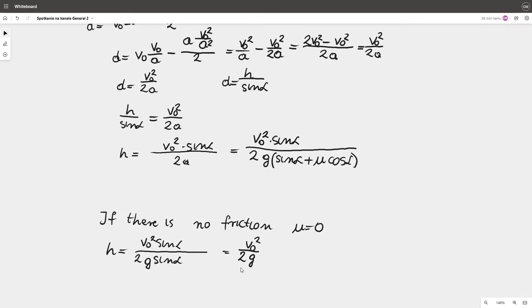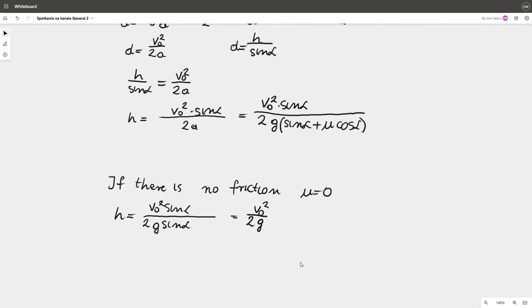We see that if there is no friction, height does not depend on angle alpha. So we solved our problems. So it is the end of this lesson.